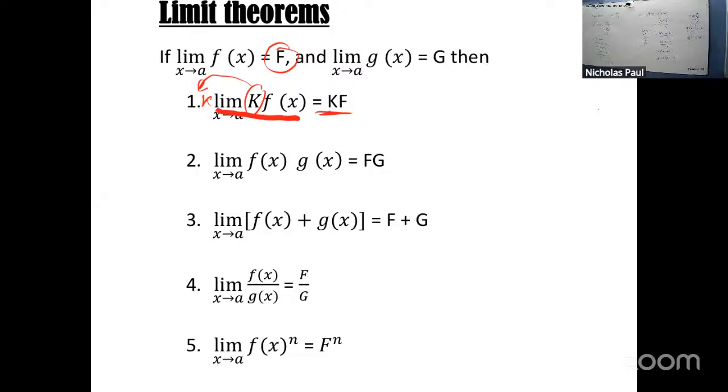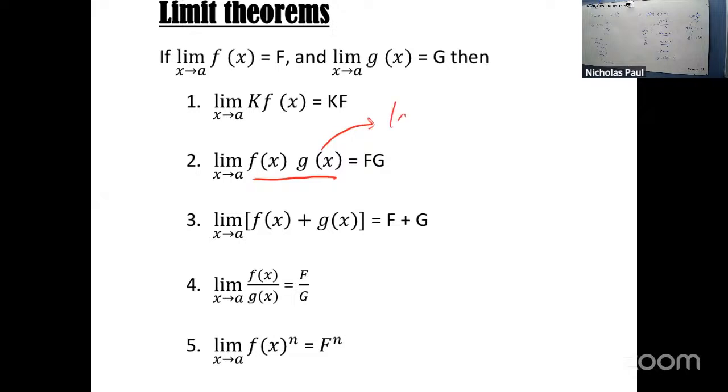What is the next rule saying? What does rule 2 say? Here's what rule 2 is saying: if you have a product, you can write it like this.